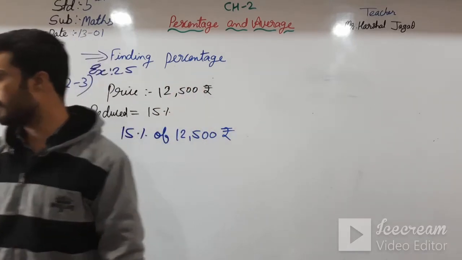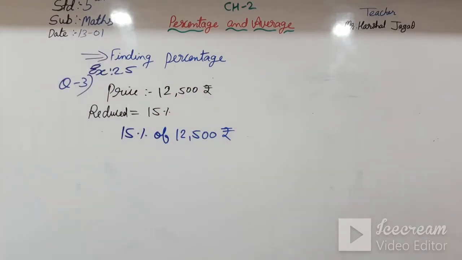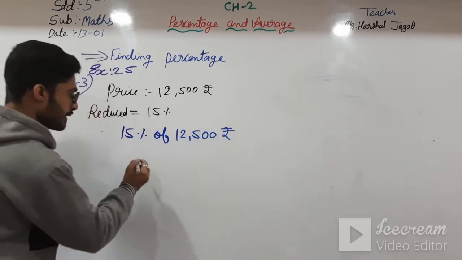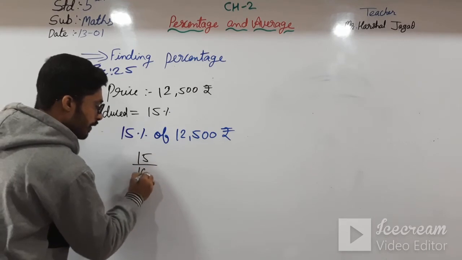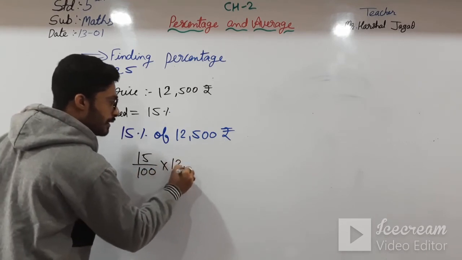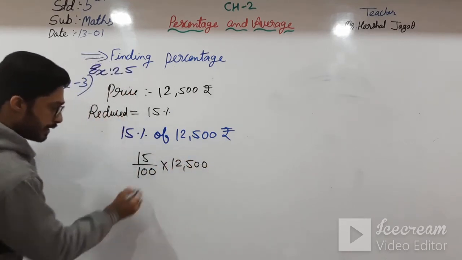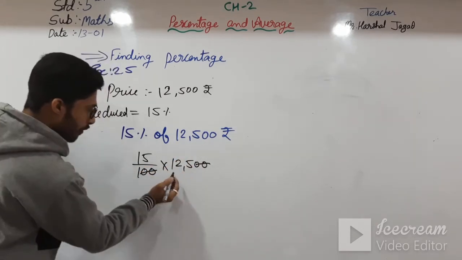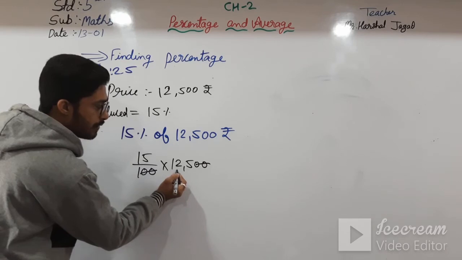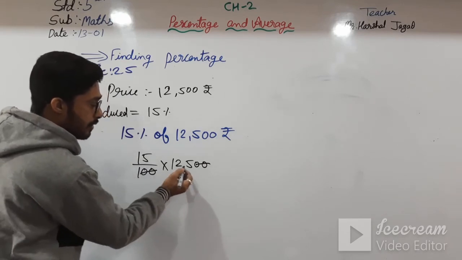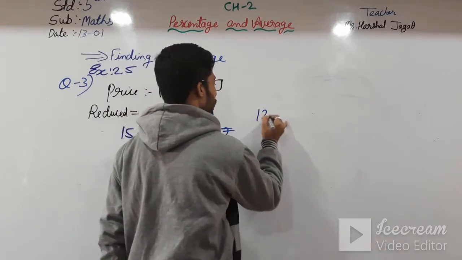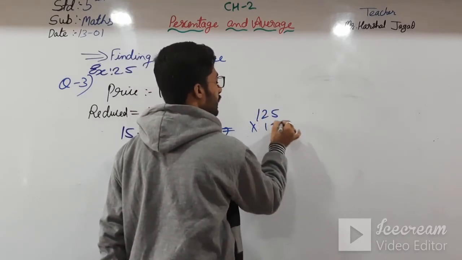In that we have seen that if it is given, then what we have to do? 15% of 12,500 rupees, then 15 upon 100 into 12,500, and here you can see two zeros are cut. And then after, what we have to do? We have to multiply 125 into 15. Let us multiply 125 into 15.